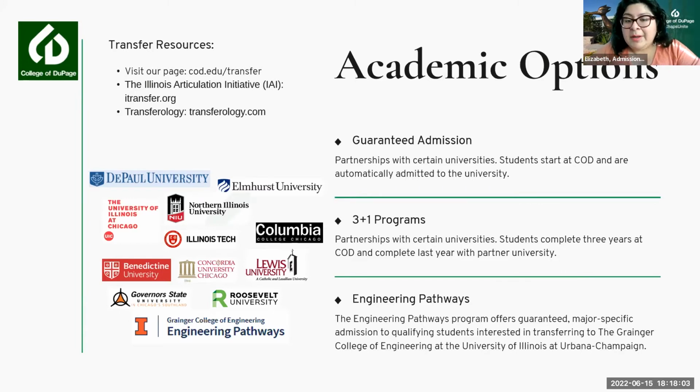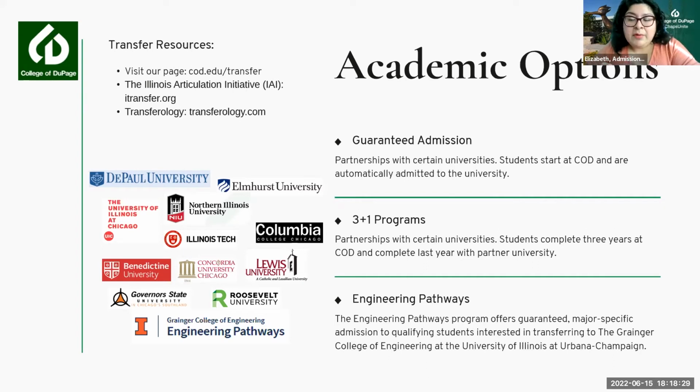So first, let's talk about guaranteed admission. We have guaranteed admission, for example, with UIC, the University of Illinois at Chicago, Northern, Elmhurst. We have a partnership with DePaul, but these partnerships are with multiple majors, not just with one, it's with the school. Guaranteed admission means that students would have to sign on before they hit a certain number of credit hours.